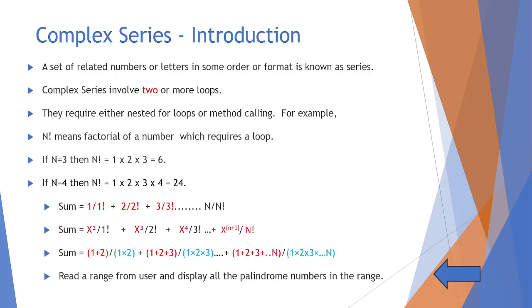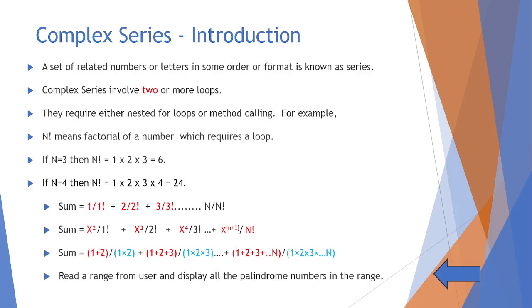In this type of program, addition is happening for each term, and the first term has factorial 1 exclamation, second term 2 exclamation, third term 3 exclamation. So it calls for another loop, factorial. So the outer loop adds, the inner loop finds factorial and then does 1 upon that factorial.